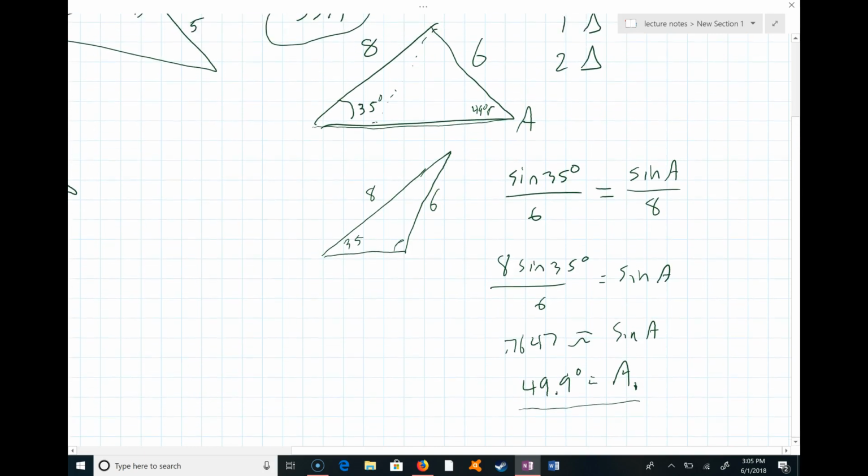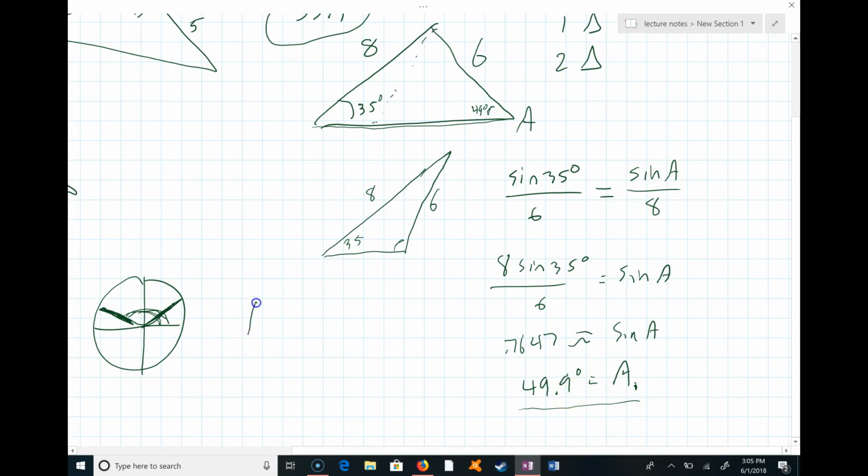How do we test for a second triangle? Well, we hop over here and notice that there's 2 ways to think of it. When I take inverse sine, I get a 49 degree angle. But notice if we think about the unit circle, there's an angle over here that would also work, right? With a reference angle of 49.9 degrees. And that would be this angle right here. And of course that angle is 180 minus 49.9.